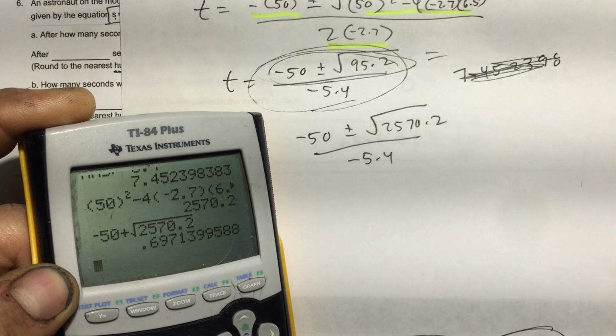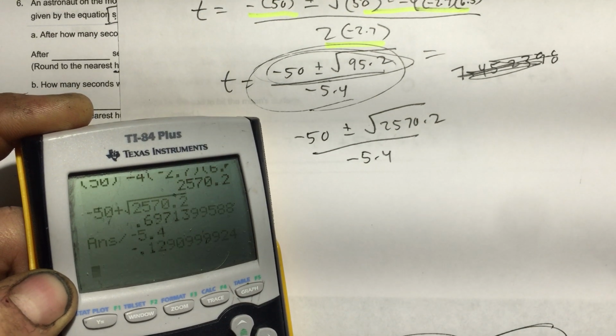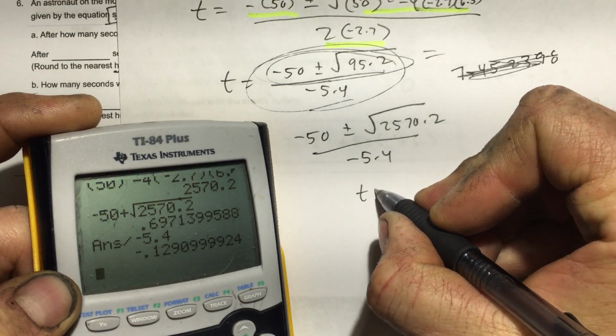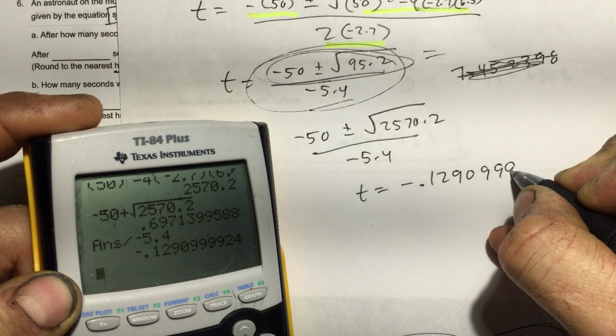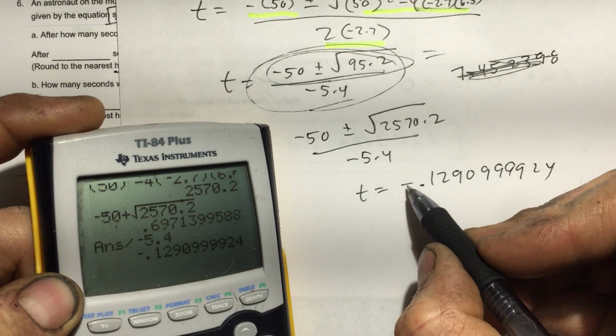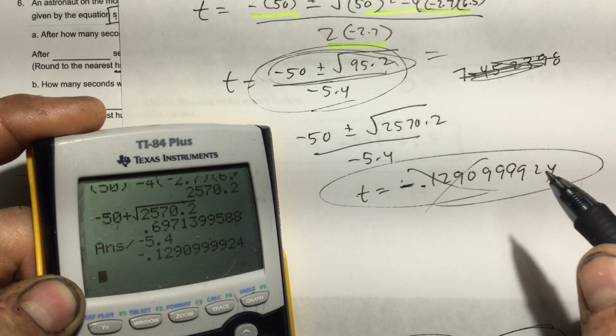You always hit equals when you do the top. Then you divide by negative 5.4, and you get, there you go, which is negative, and you can't have negative time, so that's out.